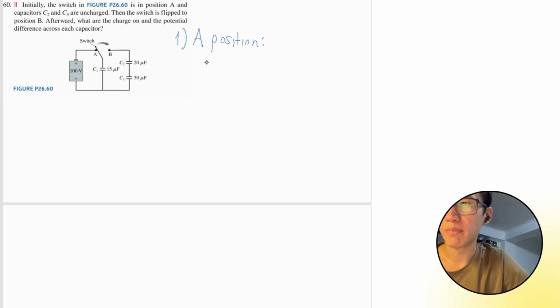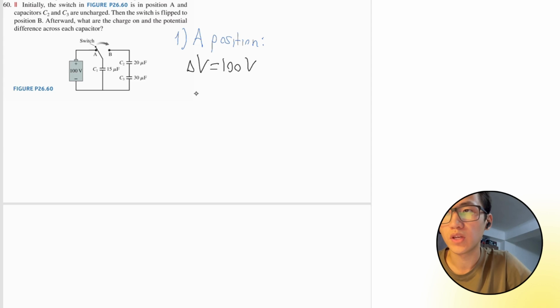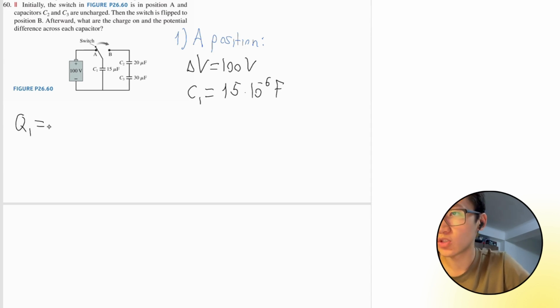So we have here a battery, which is charged to 100 volts, and the capacitor C1 is 15 microfarad. I need to find the charge on this capacitor. We can find it by multiplying these two given values.